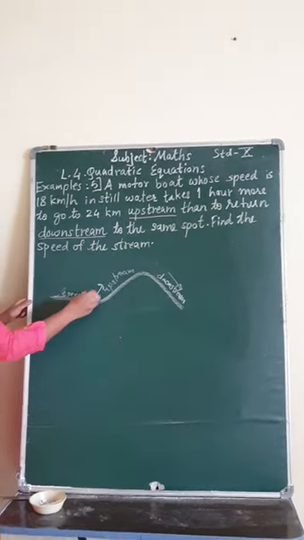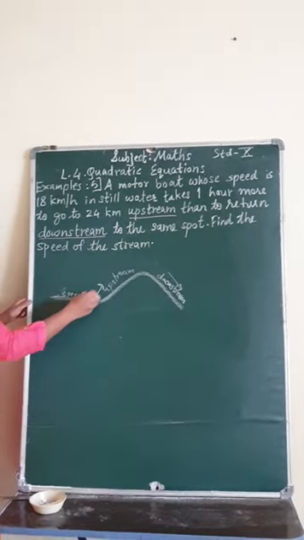So the speed is not similar to the previous one. It is decreasing. Why does it happen? Because you are moving upward.